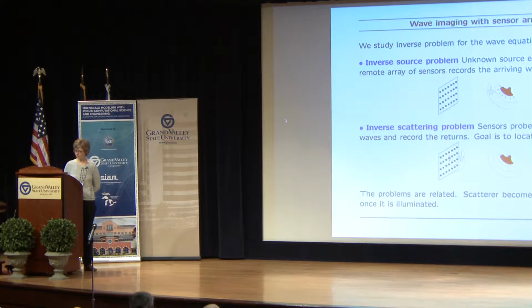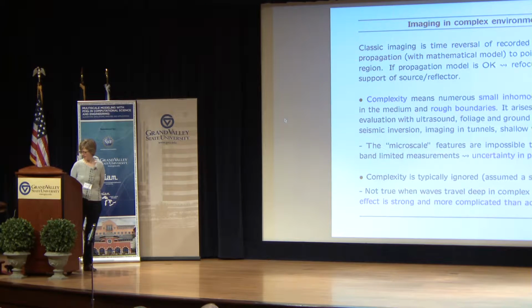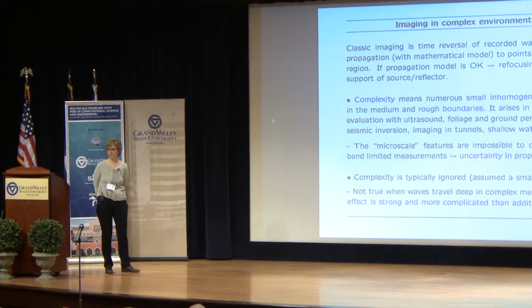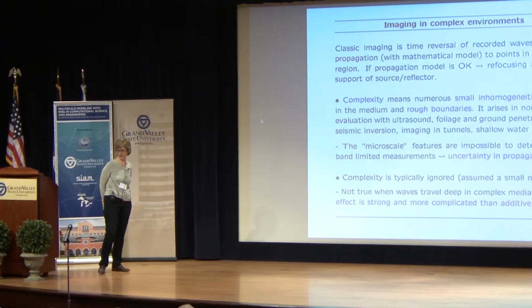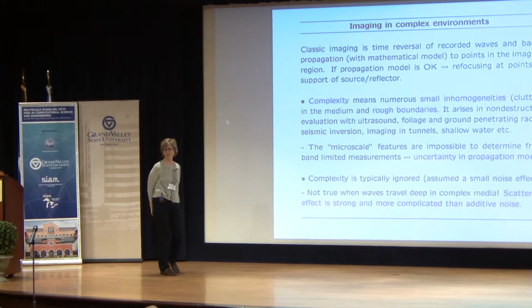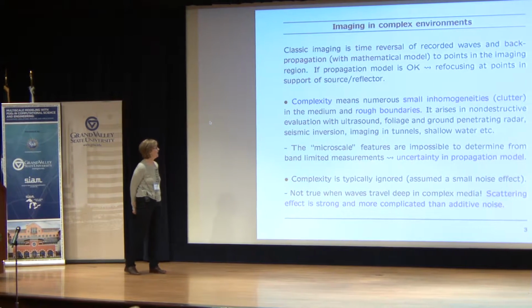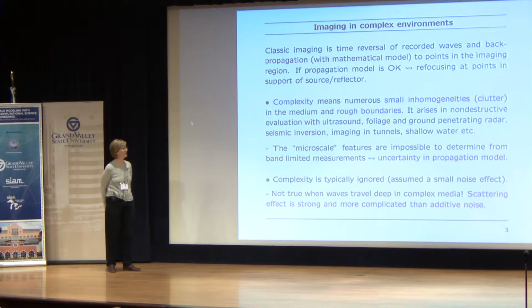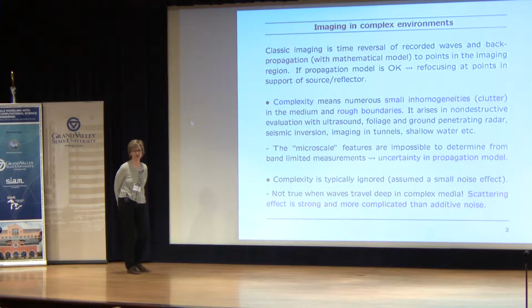And so how do we usually solve this problem? There is a huge literature on imaging with sensor arrays, mostly applied literature. And the classic image formation basically goes like this. There are, of course, variations that involve all kinds of data processing and so on.